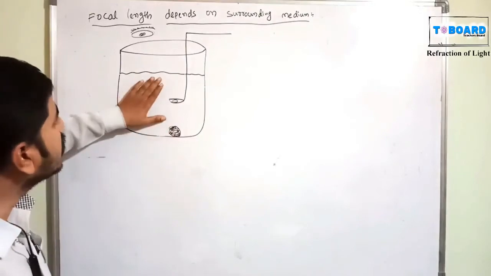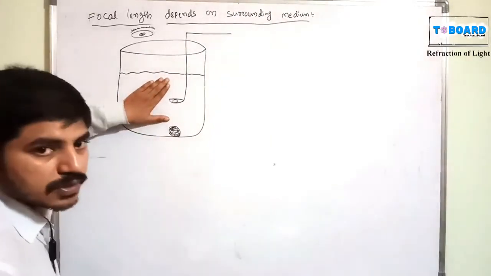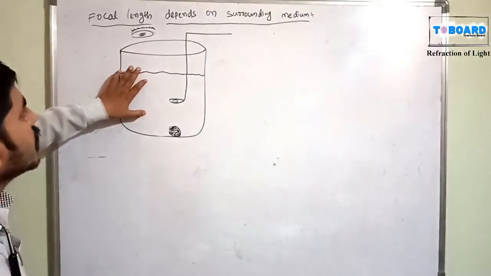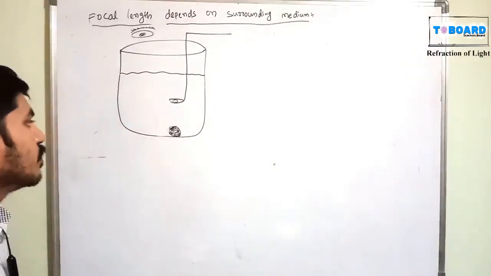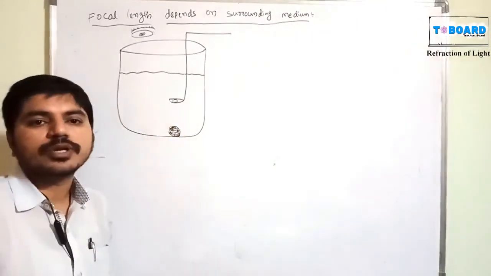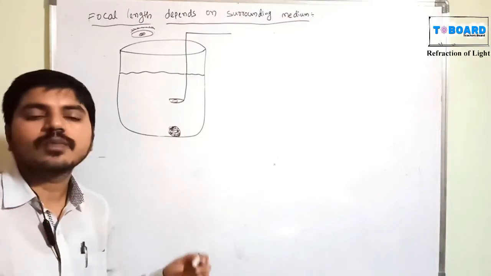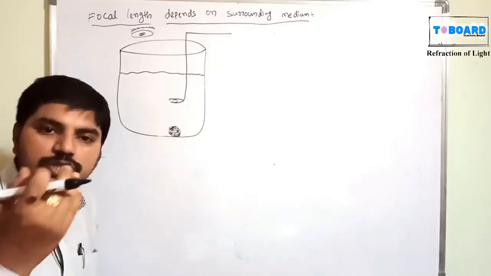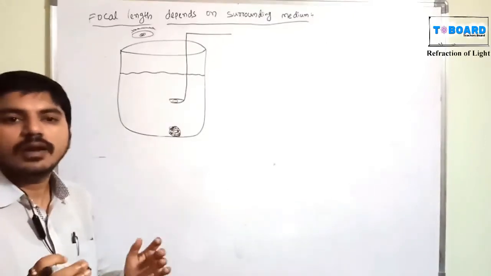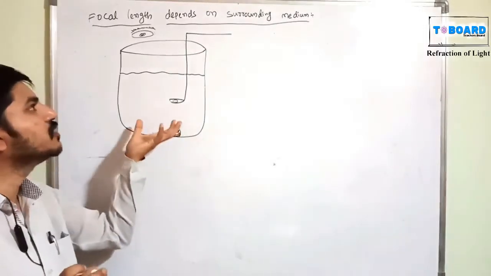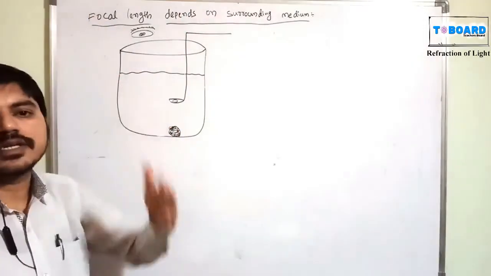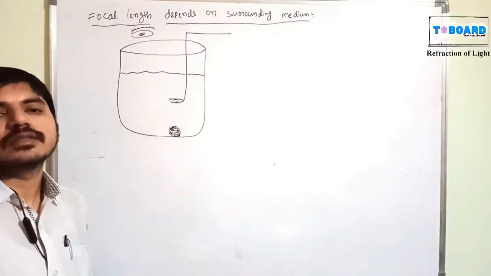The water is a surrounding medium, the air is also a surrounding medium, and glass is also a surrounding medium. These different types of surrounding media can change the focal length of the lens. So this activity shows that the surrounding medium can change the focal length, right?